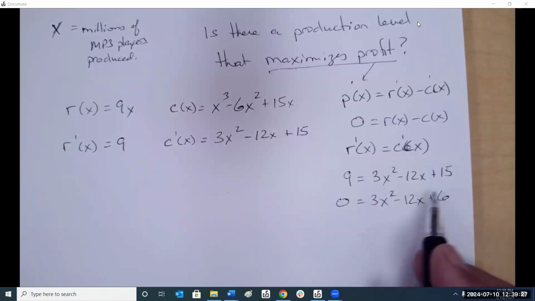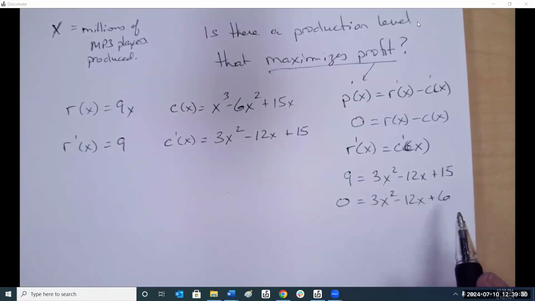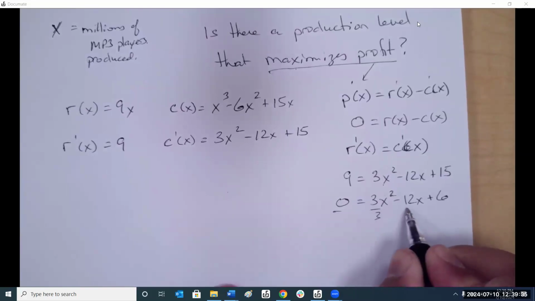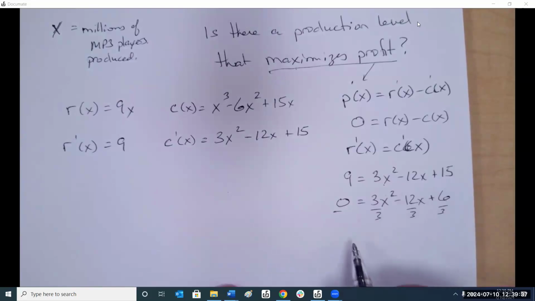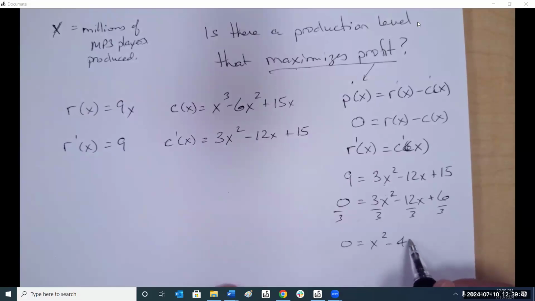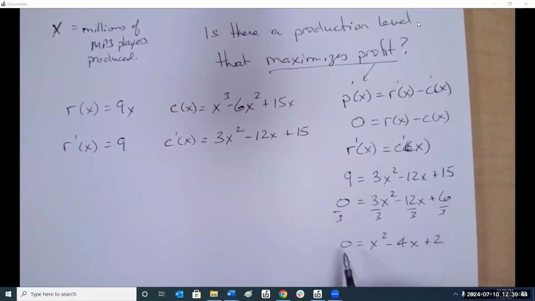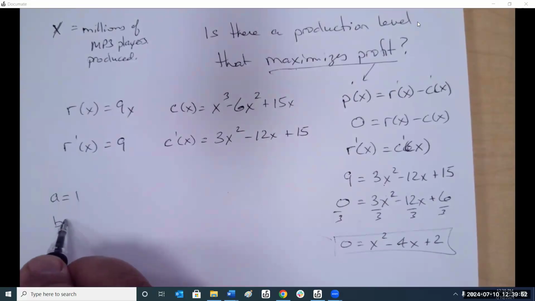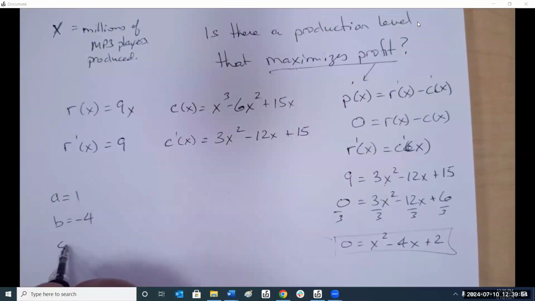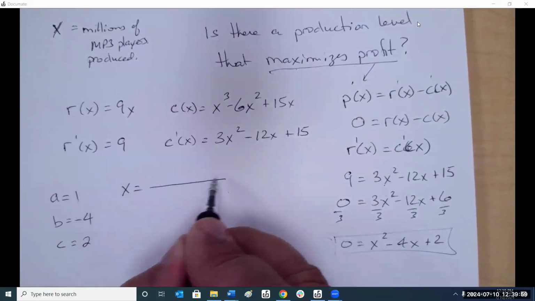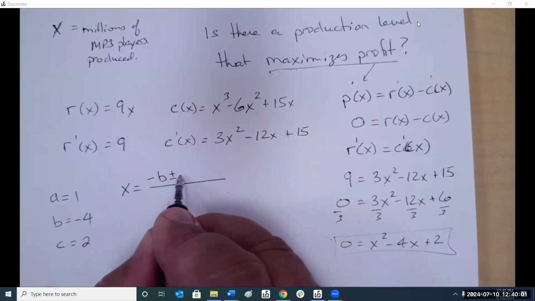Three, four, so it's not going to be factorable, but we can divide everybody by 3. So we get 0 equals x squared minus 4x plus 2. A is 1, B is -4, C is 2. Put it in the quadratic formula.